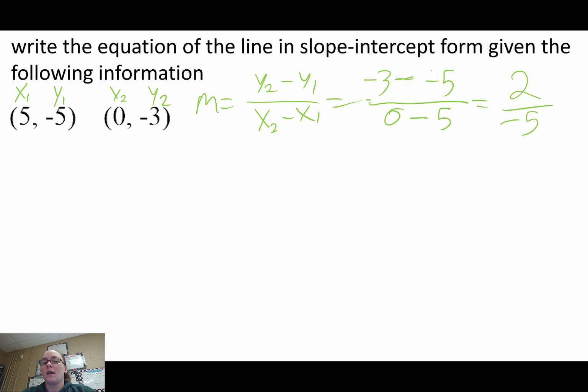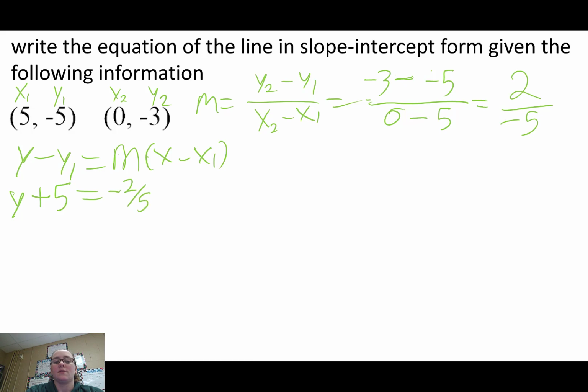All right, so now I want to write it in slope-intercept form. Okay, so I'm just going to use the first point, and I'm going to plug it into point slope form. So we get y minus a -5, which becomes +5, equals a -2/5 times x minus my x1, which is 5.